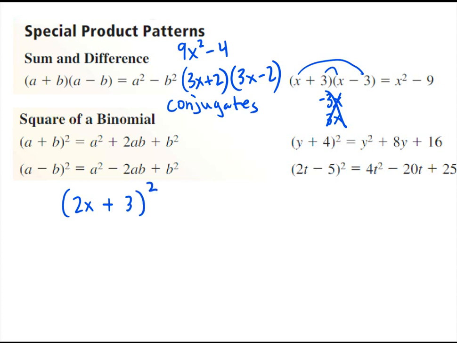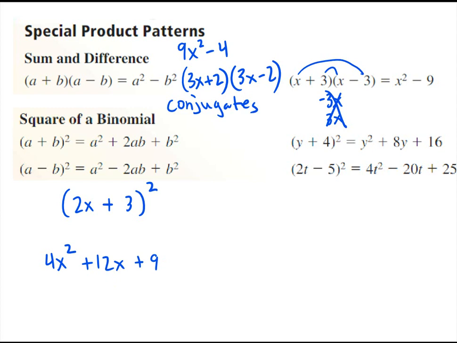To get this, remember we square the 2x, so that will be 4x squared. To get the middle, you multiply these two, so 2x times 3, that's 6x, and then you multiply that by 2. So that would be 12x. And to get the last part, you square the positive 3, which would be positive 9.